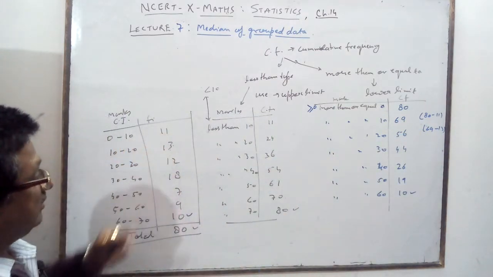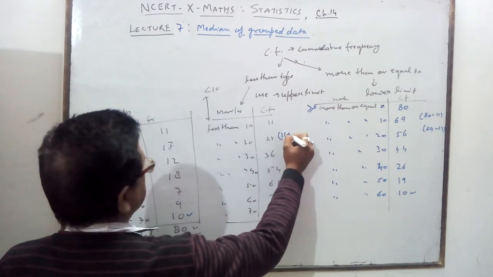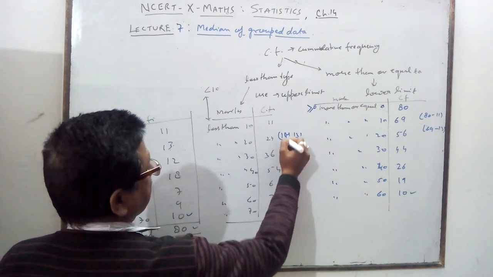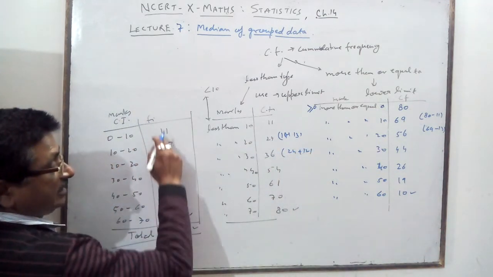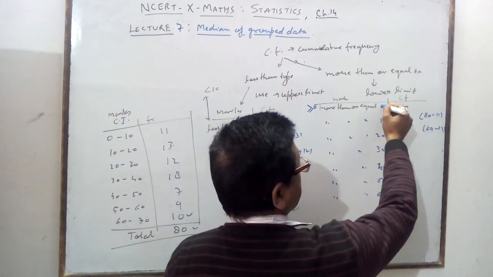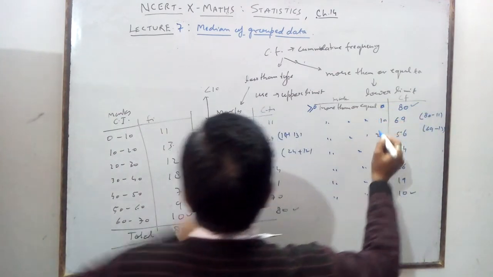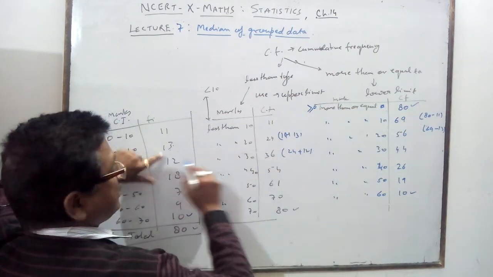It will be added. Here you are getting 11 plus 13. Here you are getting 24 plus 12. Like this you are adding, but here you subtract. First one is the same, sigma Fi, then subtract the first frequency, then what is the result? Subtract the second, then what is the result?